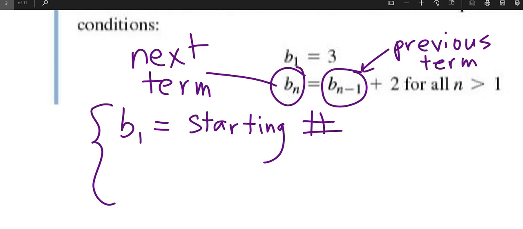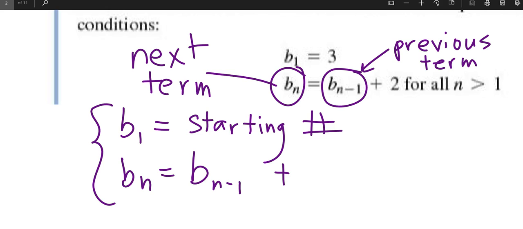Please make note that that little subscript is n minus 1. Many of you write your notation and that little minus 1 is not in the subscript. You think it's a giant minus 1. I'm like, no, that means something completely different. So the next term is equal to the previous term, and then it tells me what to do.